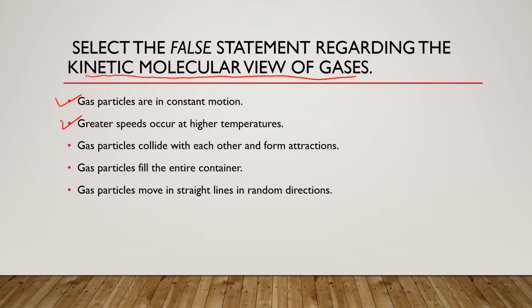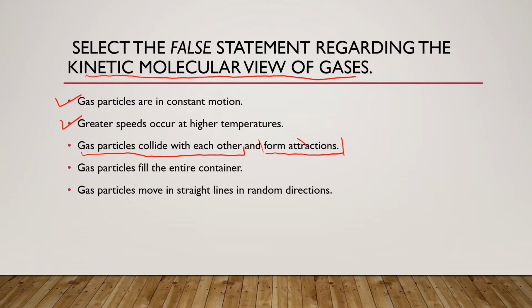This is also correct because the kinetic energy is dependent on the temperature of the gas. Third: gas particles collide with each other and form attractions. Although the first part is correct, gas particles do collide with each other, they do not have any attractions. That's the main point.